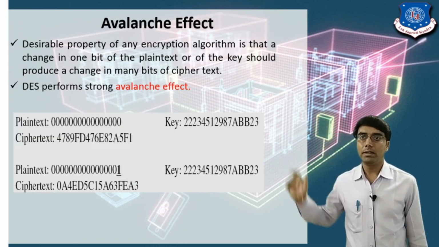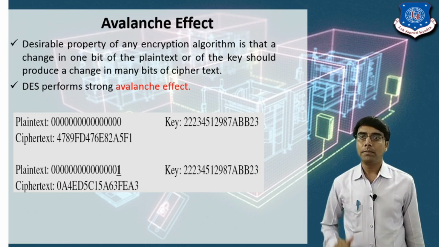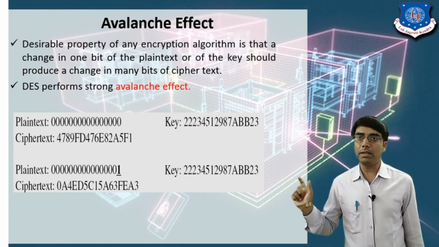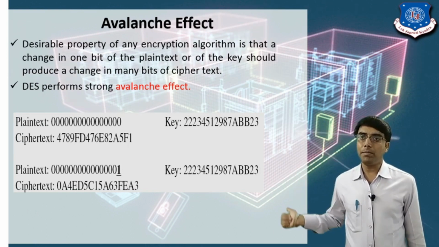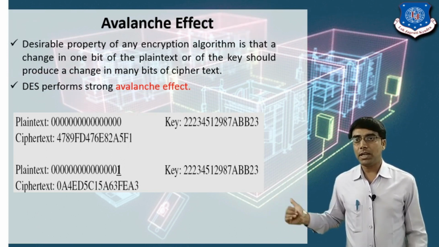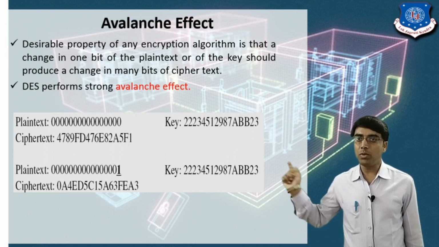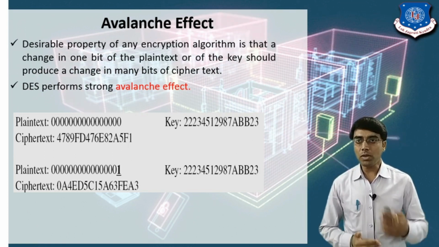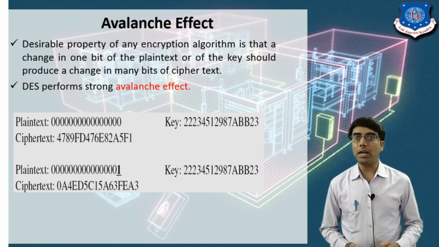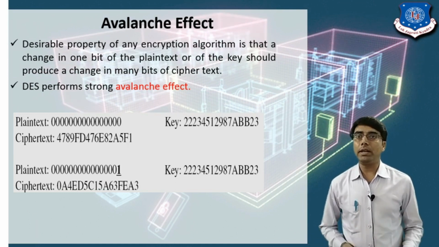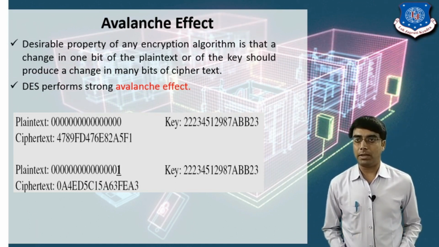So you can see here there are two different plaintexts, right? The first plaintext is 000, and in the second plaintext we change the rightmost bit to 1. So now applying the encryption along with the key, it generates a different ciphertext block.